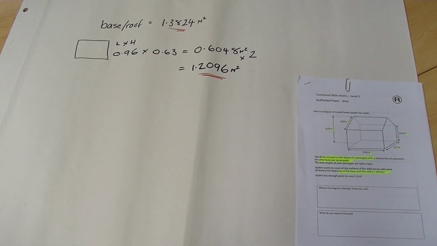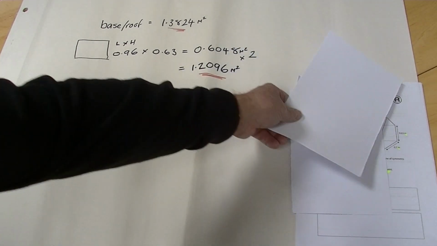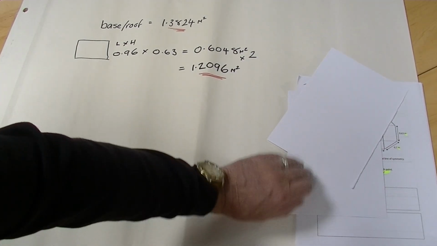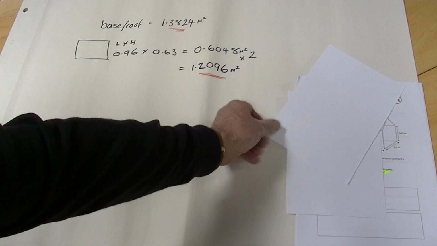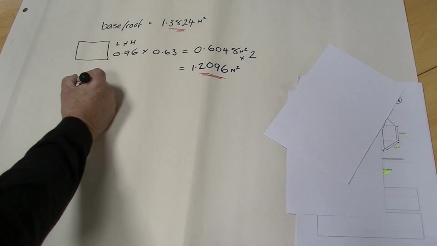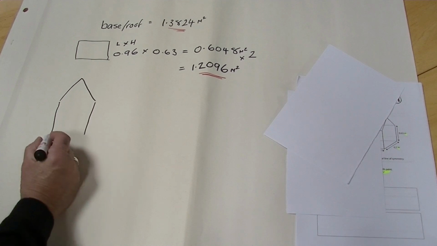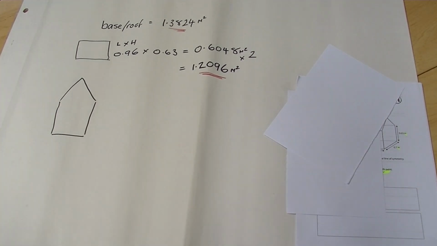So now we need to focus on the two ends of the house. To make this a little bit easier, we can cover the part of the house that we've already worked on, and we can see that the shape of the end of the house is that shape.